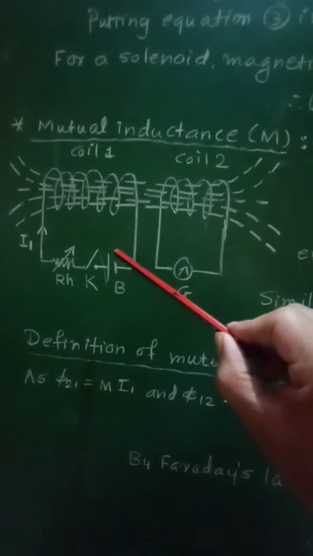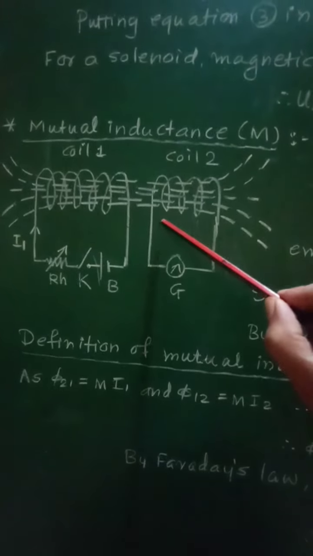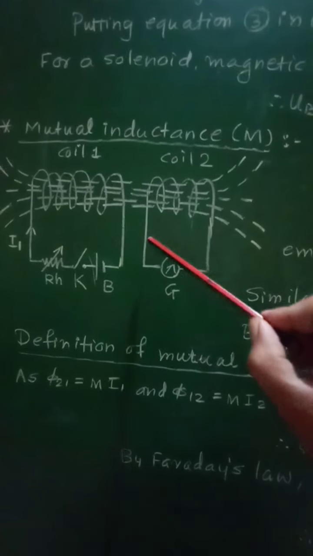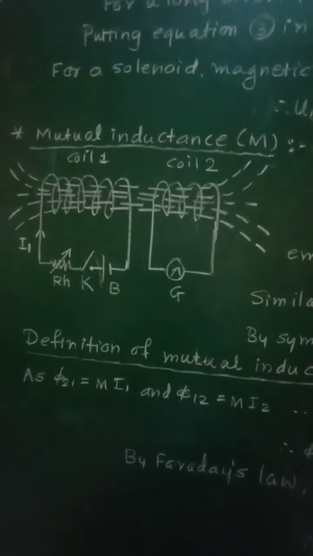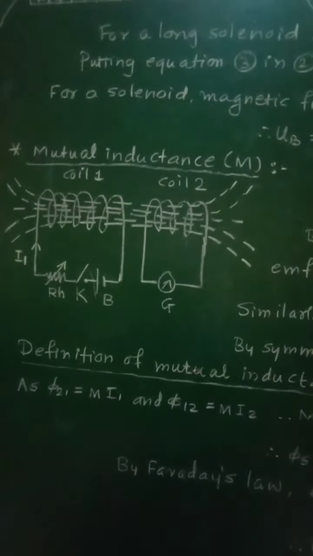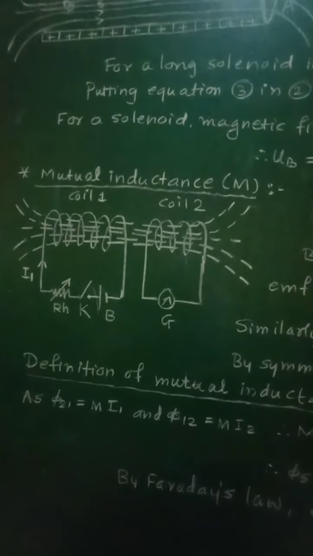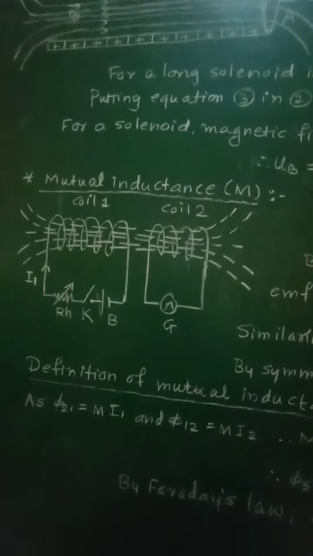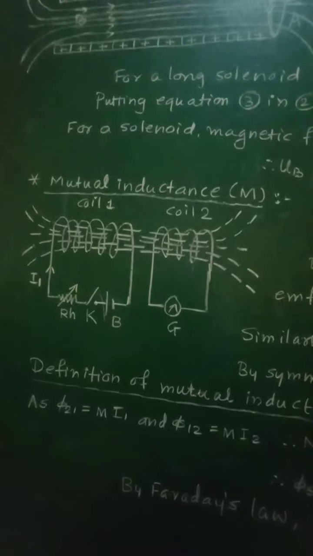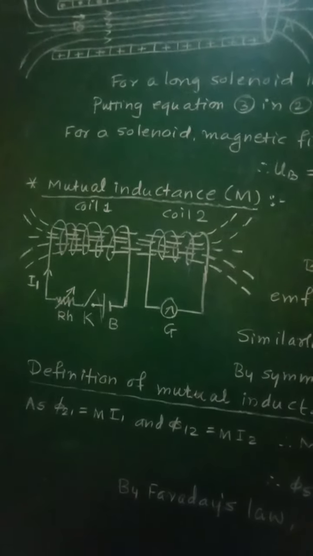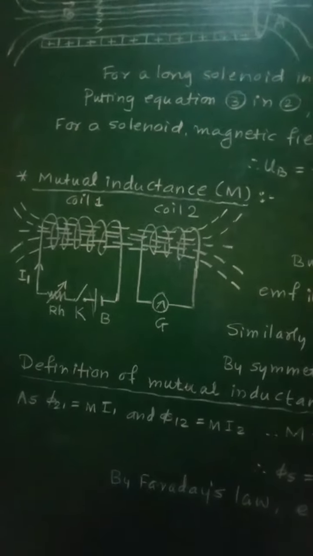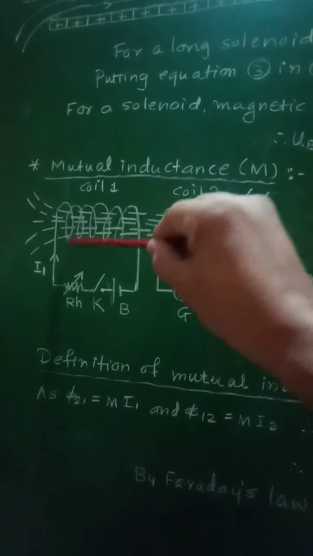Then the second coil, that is coil 2, is placed close to it. It is connected to a sensitive galvanometer G. Then as I1 is the fixed current flowing through the coil 1, due to this current, magnetic field B1 will be produced in the surrounding region of this coil 1.